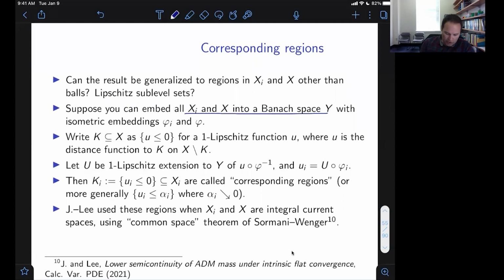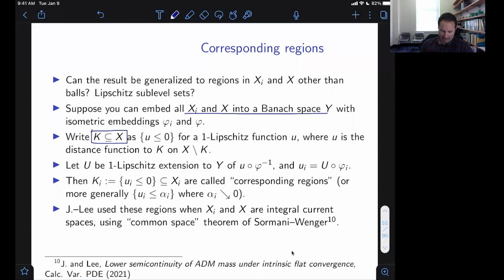So the general approach is to write your compact set in your limit space as a Lipschitz sublevel set. You can always do this by just using, for example, the distance function to that set. You can do it more generally. Sometimes you could use a signed distance function if you want something more interesting, but you just want your set to be the points where u is non-positive.